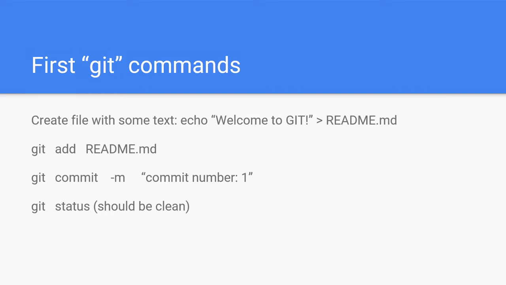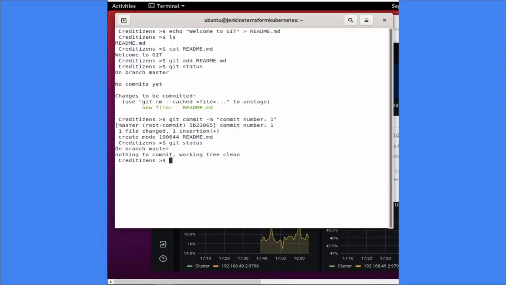Git status, you can run it also in between, just after git add or before, and you see how it changes. So here we did it. We just did in the terminal, echo, welcome to git, readme. And after that, we did a git add readme, git status, we just checked. So it says that there's changes to be committed.